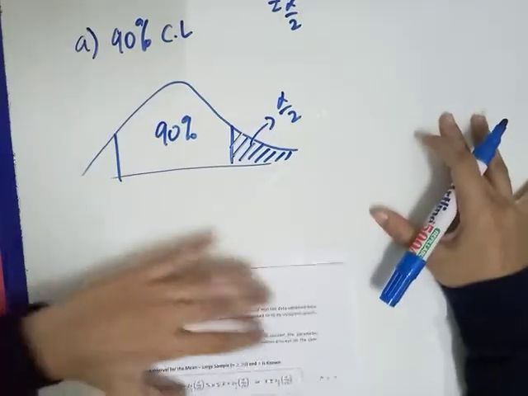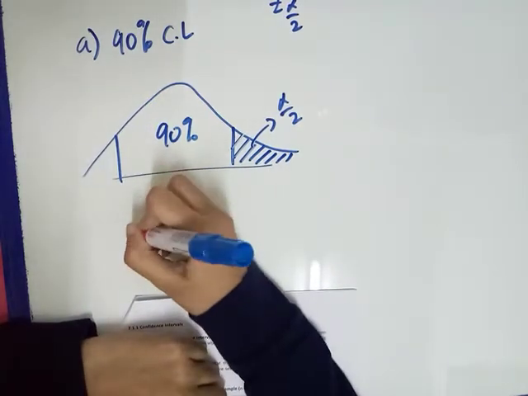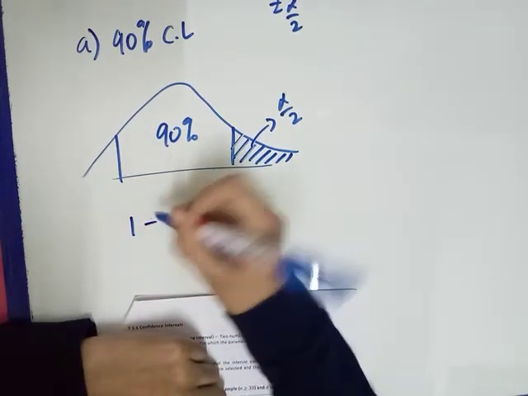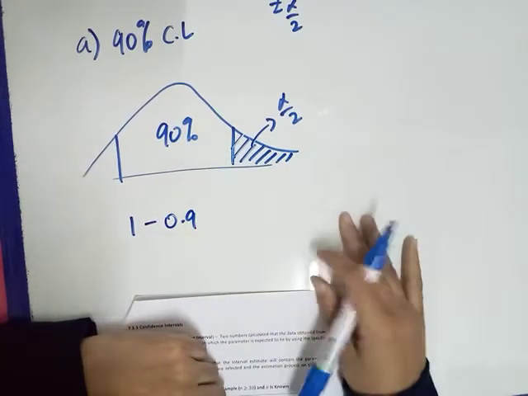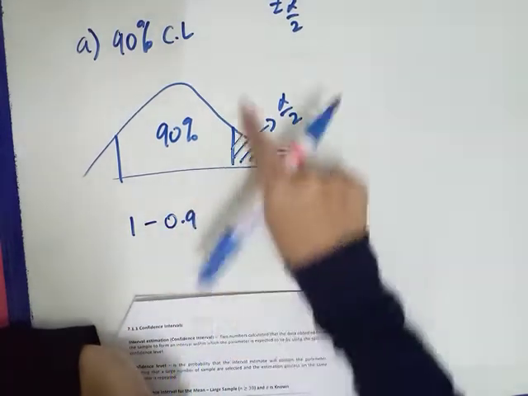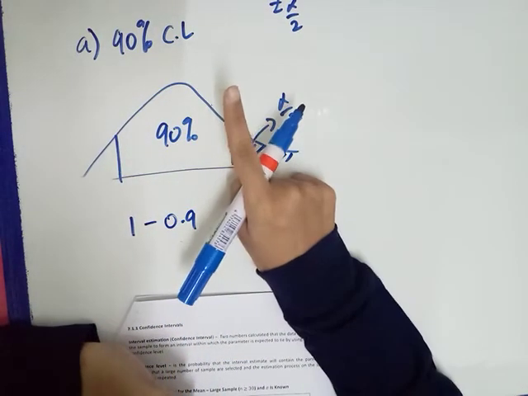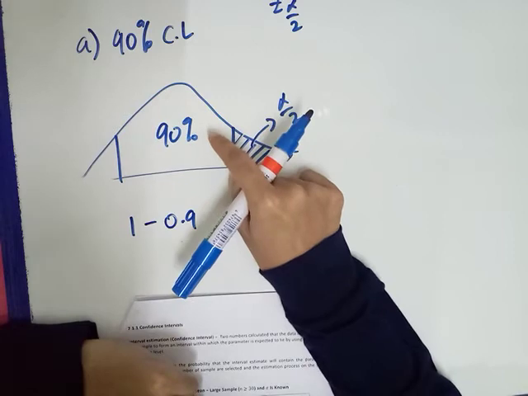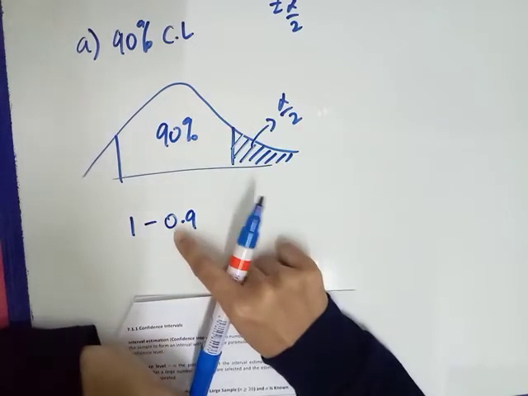So how to find the z value? We have to do 1 minus 0.9. Why 1? Because the total area equals 1, and 90% is 0.9.